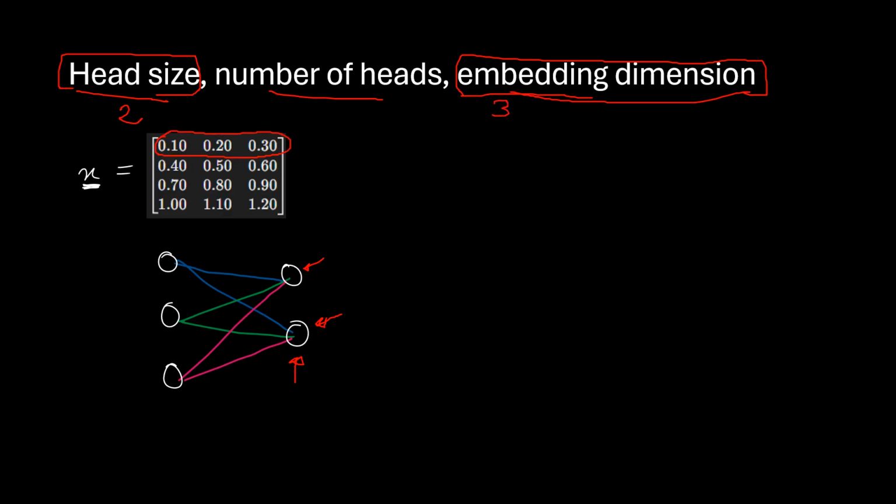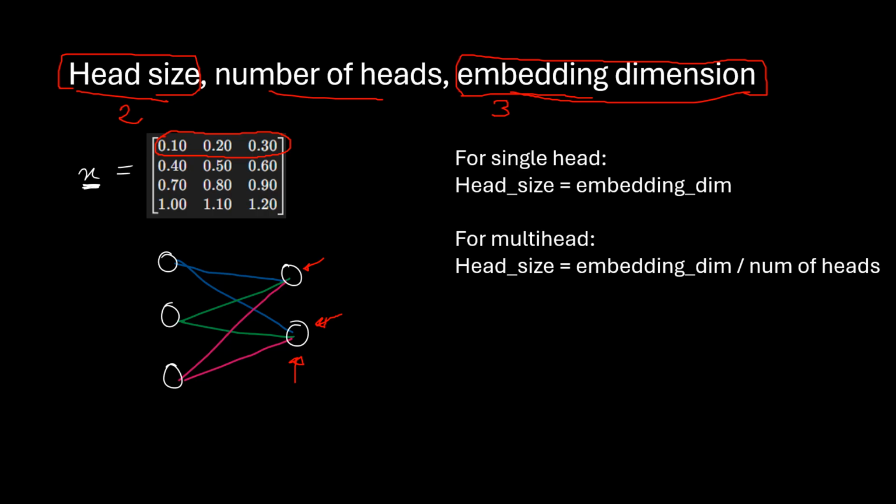So we did not use the same number for the head size and embedding dimension. Now, in the usual convention in neural networks, the head size is kept equal to the embedding dimension. It's not a must, but it's better for keeping dimensional consistency in the model. So for single-headed self-attention, we would keep the head size equal to the embedding dimension. And if we're using multi-headed attention, we would keep the head size equal to the embedding dimension divided by the number of heads.